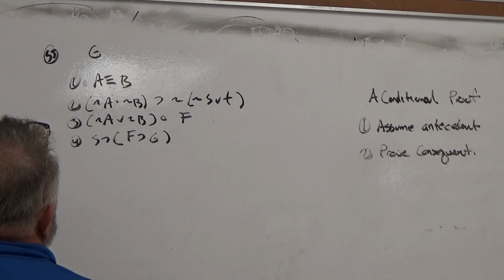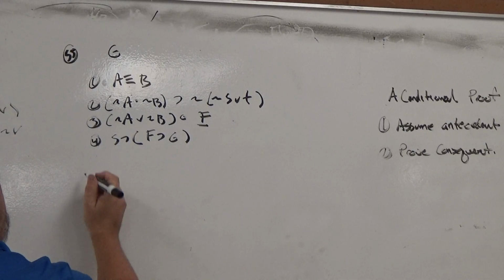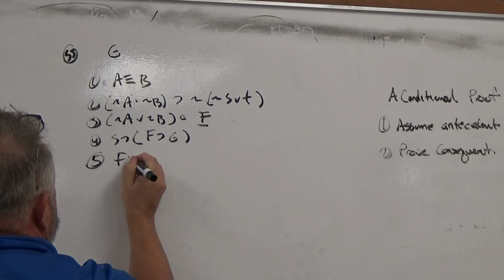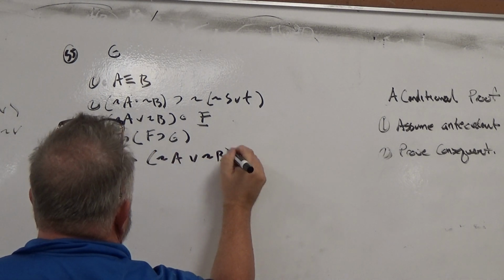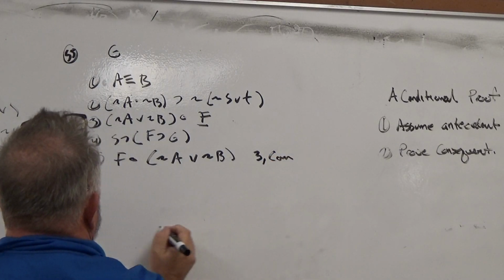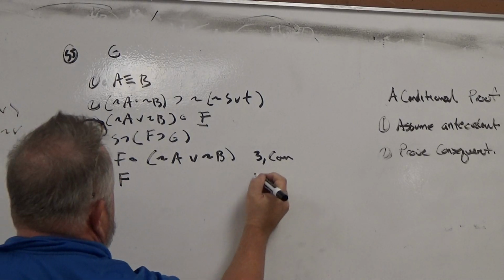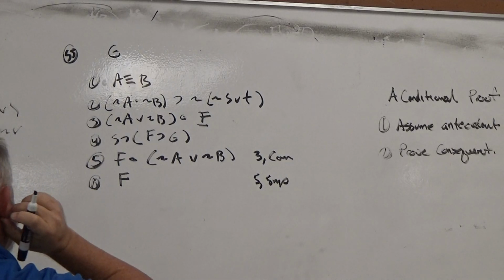Let me get this F by itself, and then I'm going to use it for reasons I'll explain in a second. So F and not A or not B from 3 by com, okay? And 6 is F from 5 by simplification, okay?